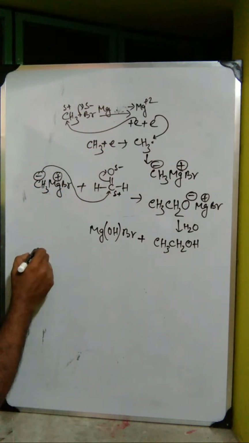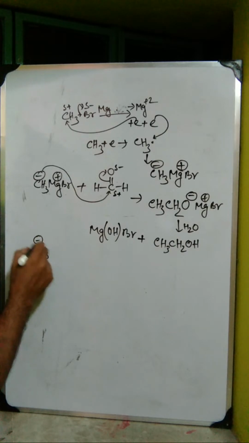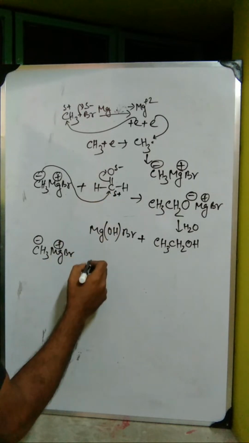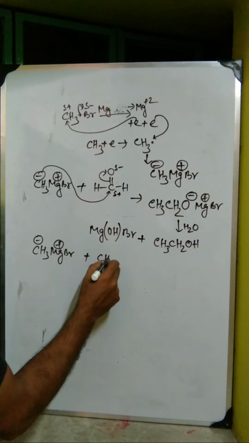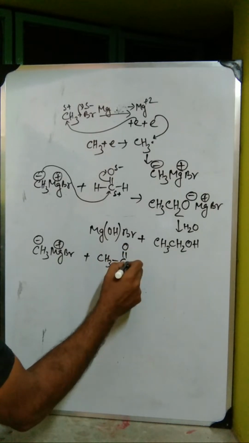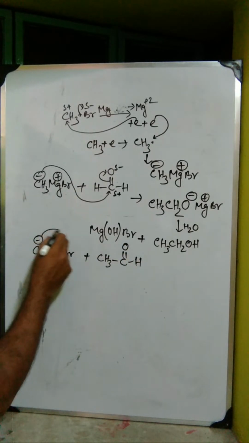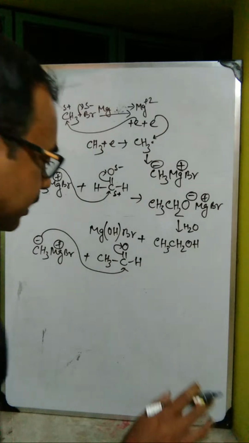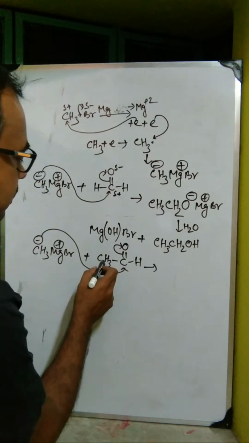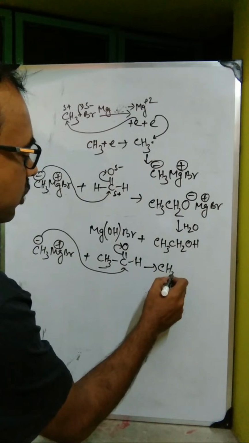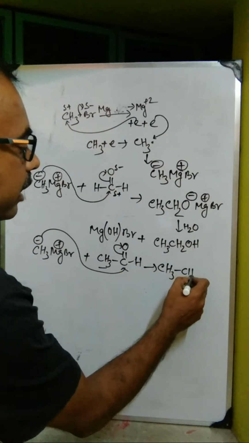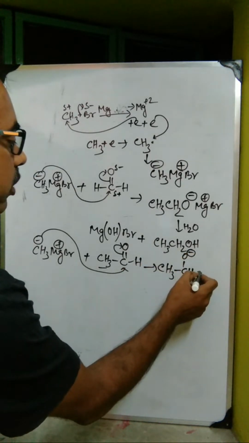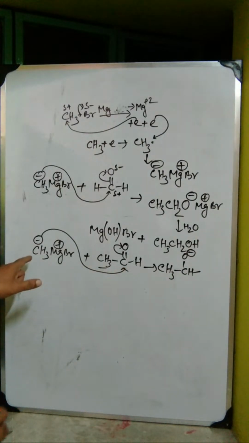Then what happens when the Grignard reagent CH3MgBr is treated with acetaldehyde? Here I had taken formaldehyde and now it is acetaldehyde, CH3 C double bond O, then H. So CH3 minus comes to the carbonyl carbon, and the pi bond shifts to oxygen. The mechanism is exactly the same, and the product is this: CH3, then this carbon has an H bonded, and here is a single bond oxygen with a negative charge, and a bond is formed with this carbon by the CH3 group.